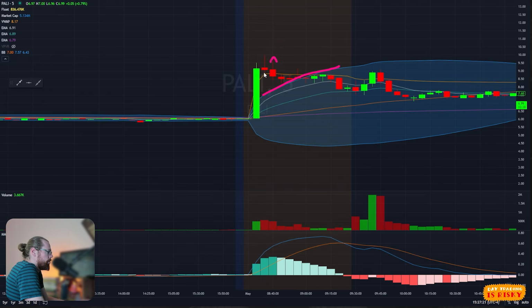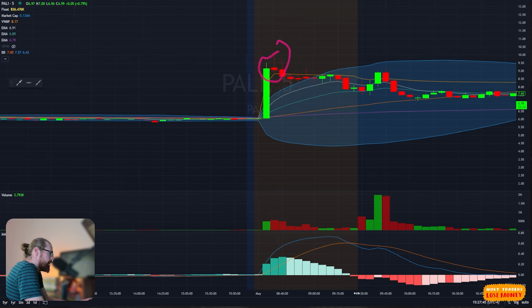That's a high likelihood of a reversal. It ends up coming back down, and as you can see, it pulls all the way back down to that 9 exponential moving average. It then comes down to the 20 moving average and eventually makes its way down to the midpoint. So this is again on a 5-minute time frame, but you can see how clear it is that those candles were outside the Bollinger Bands.